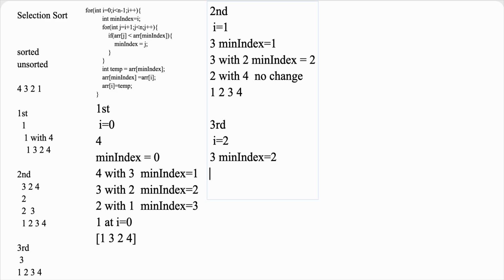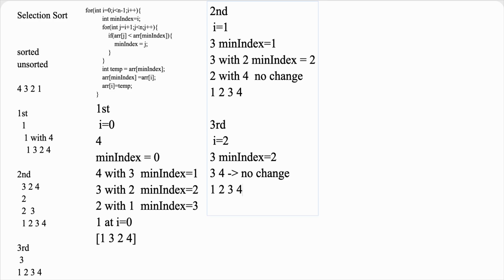Here we compare 3 and 4. It's in the correct order, so we don't need to change anything. No swap is needed, as the smallest number is already in place, so our final array is 1 2 3 4.